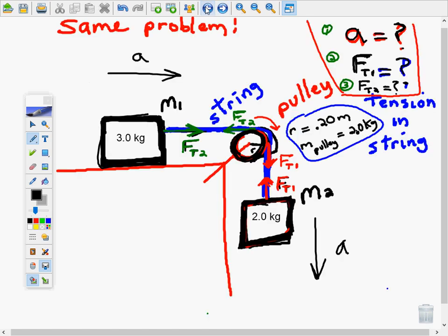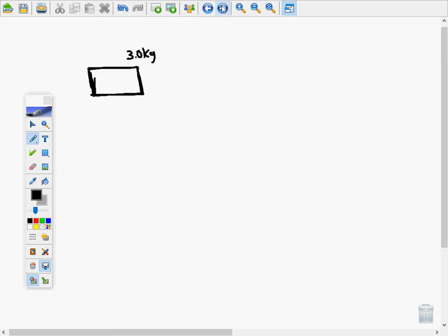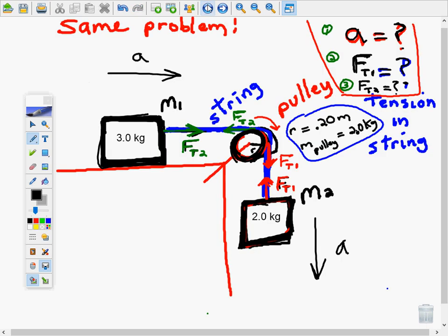And then I'm freeing this pulley up, and I'm drawing it over here. And then I'm freeing this mass up and drawing it over here.